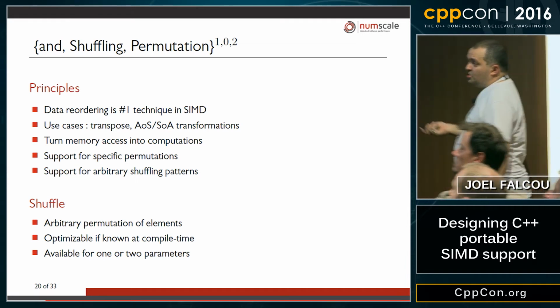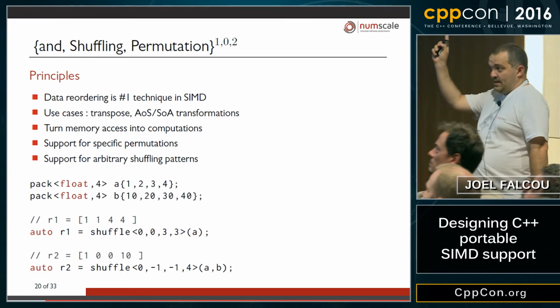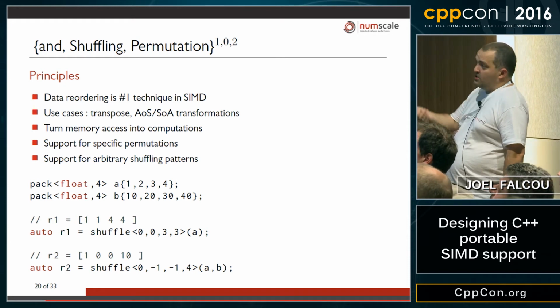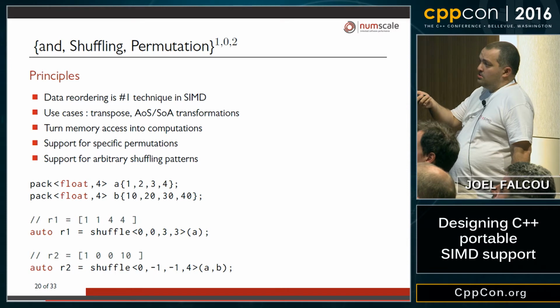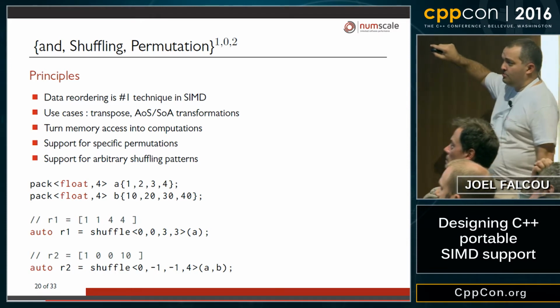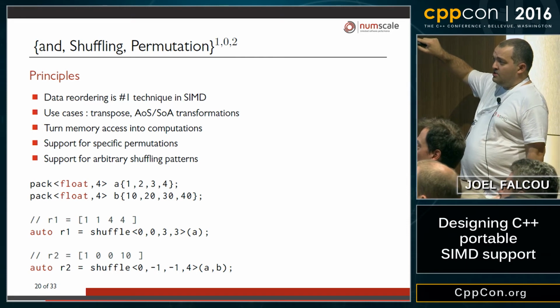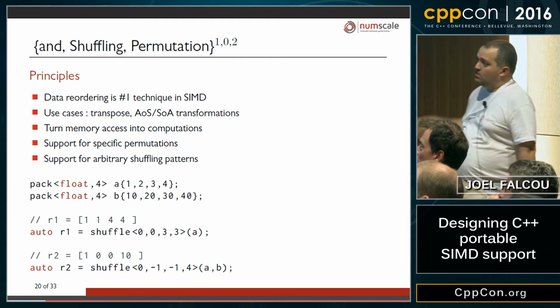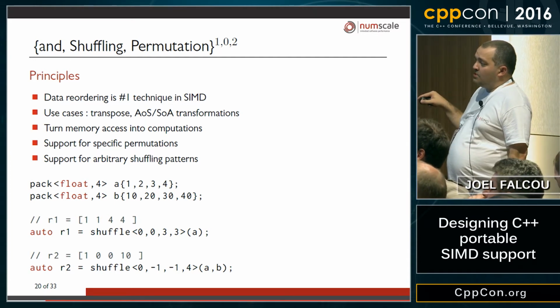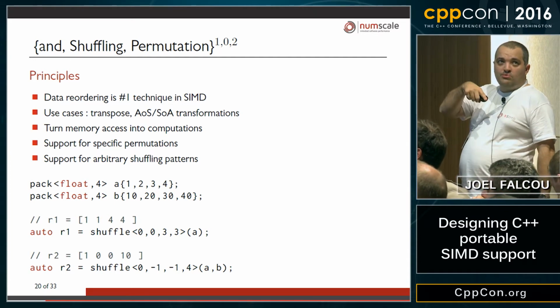So you end up with a function that looks like this. Let's say you have 2 packs, A and B, and you can write stuff like this. I want to shuffle A using this permutation 0033, which basically says I'm returning a vector that contains twice the first element of A and twice the last one. So I end up with 1144. You can use a special value -1 to say that I want zeros there.